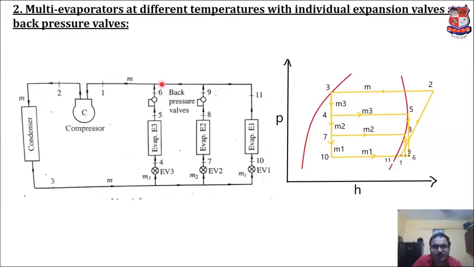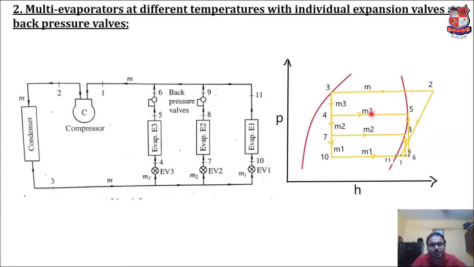If you see, these three masses are mixed with each other here. So 5 and 8 cannot work at their own pressure because they need to comply with the suction pressure of this compressor, and this suction pressure is equal to the evaporator pressure of E1.